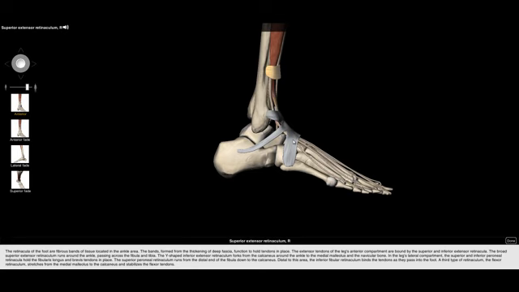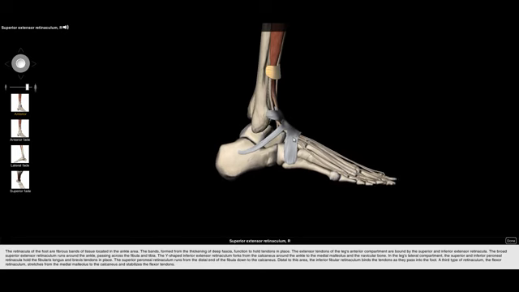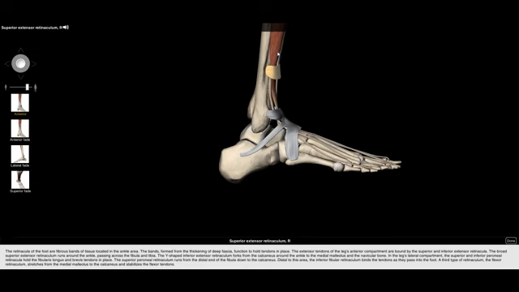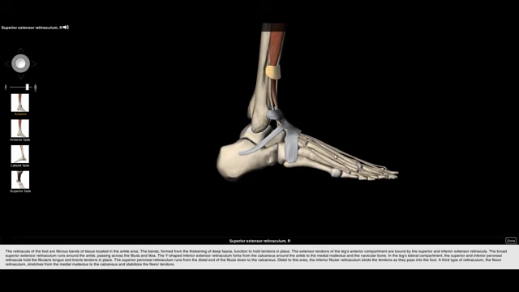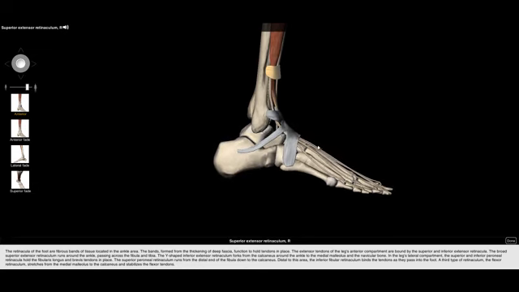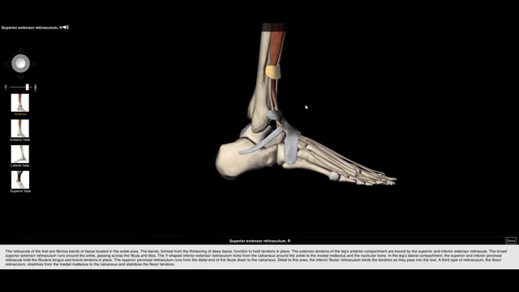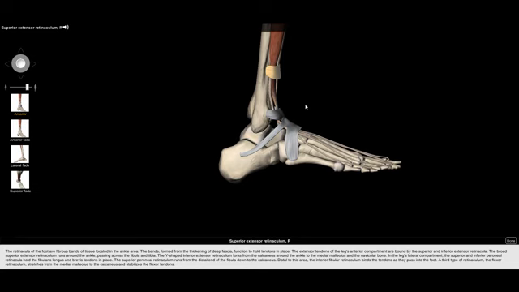So you could imagine if there weren't these bands of connective tissue holding down the tendons, that every time the muscle contracted and started to pull these tendons up to dorsiflex the foot, the tendons would literally just pull away from the bone, and they would lose all of their mechanical advantage for that dorsiflexion.